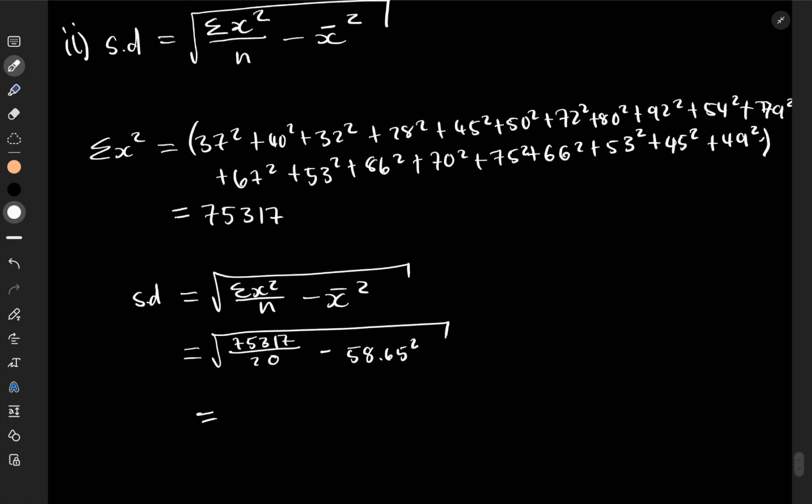This becomes 75,317 divided by 20, which gives 3,765.85. Then minus 58.65 squared, is equal to, we get 326.